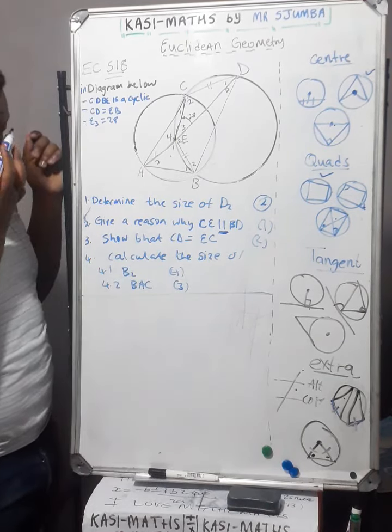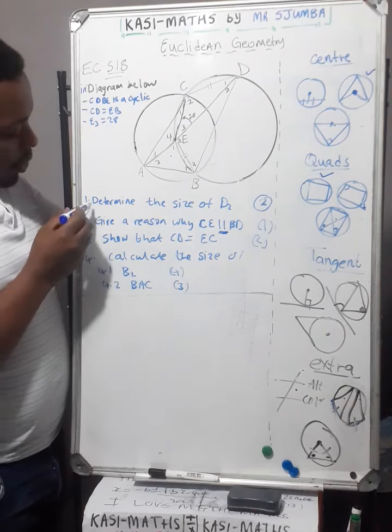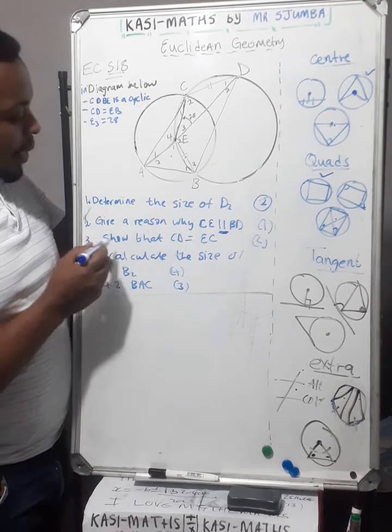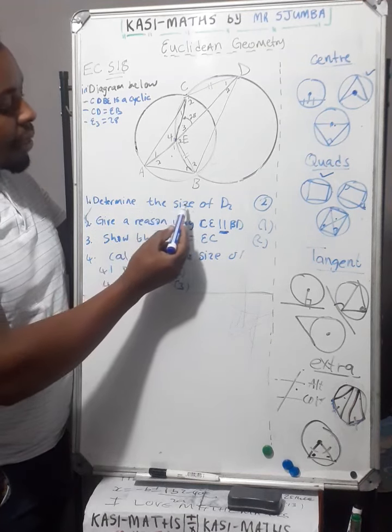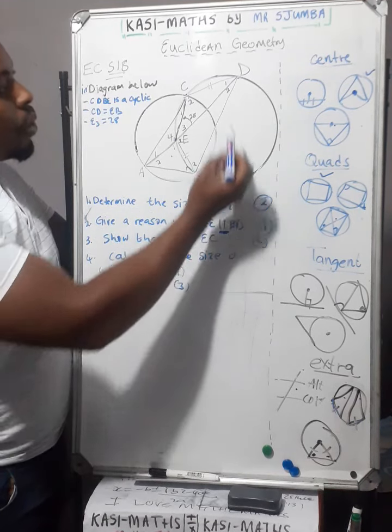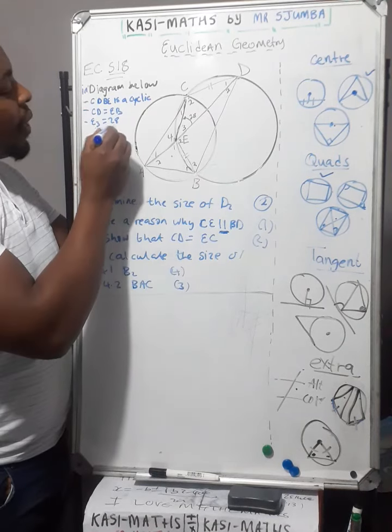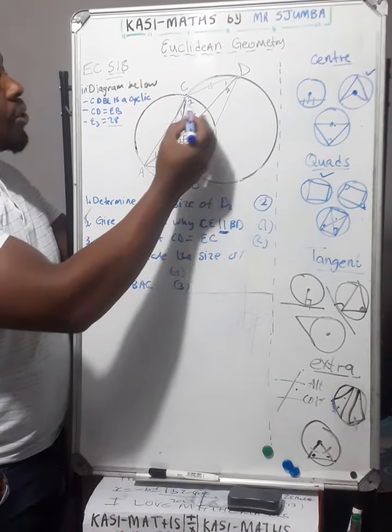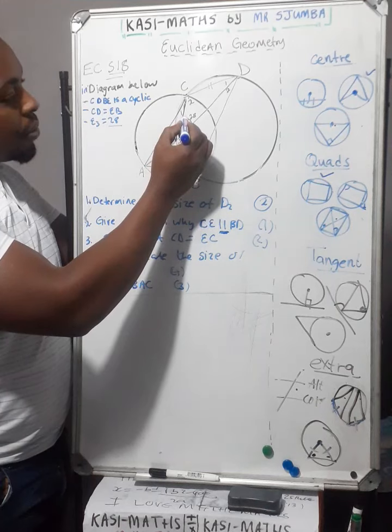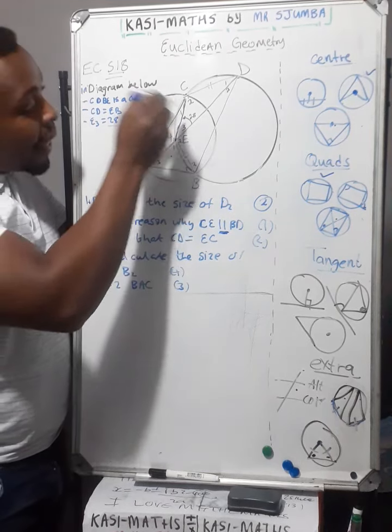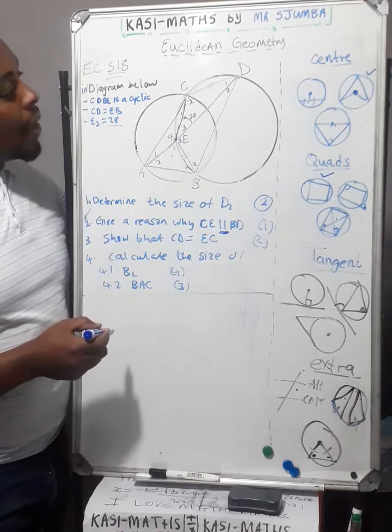Right. So let's go to the questions again. The first question here is we should determine the size of D2. So we'll use whatever we have been given. Since we are given 28 here, we will start from that 28. Right.